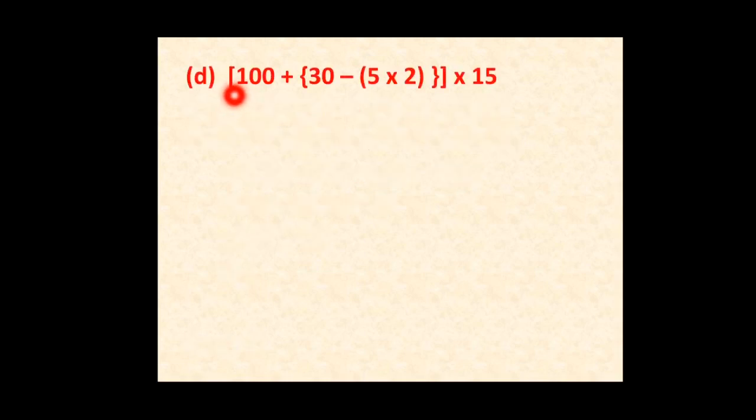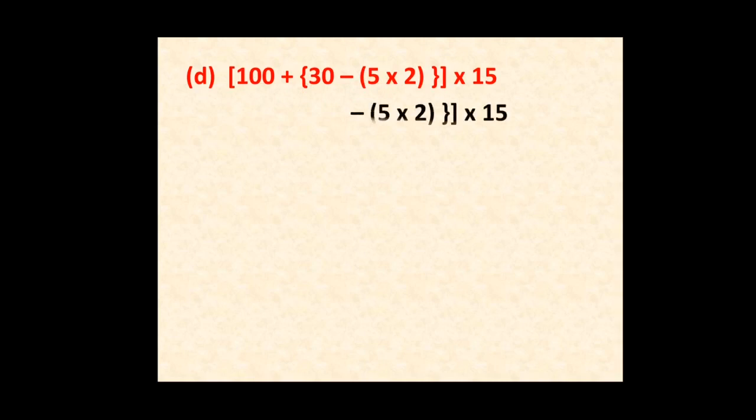Square brackets 100 plus curly brackets 30 minus round brackets 5 into 2, then the round bracket is closed, then the curly bracket and finally the square bracket into 15. So we will solve it in a similar manner. First the innermost bracket, then going towards the outermost bracket.